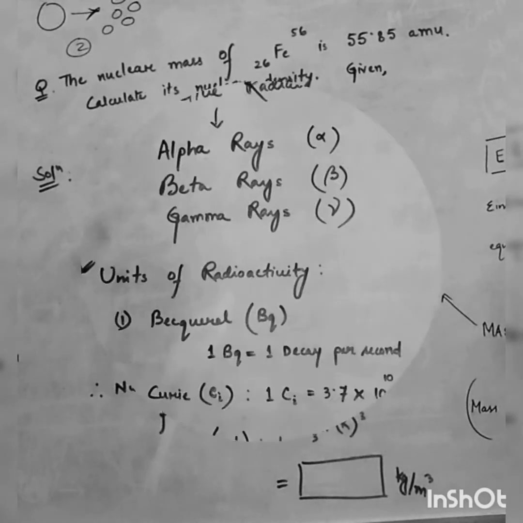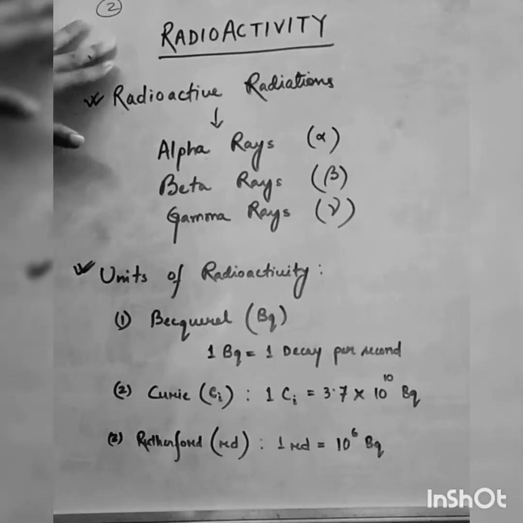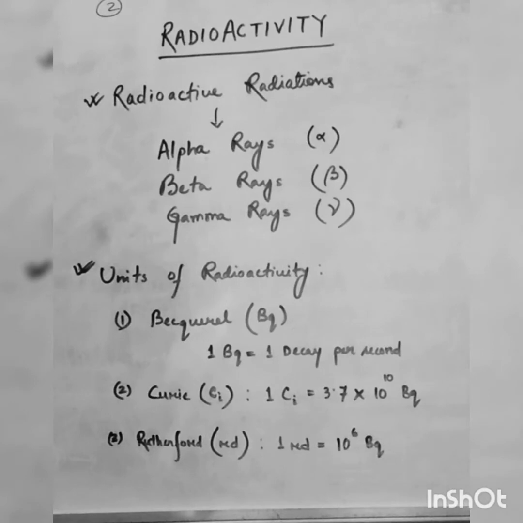The next chapter is radioactivity. The substances which spontaneously emit penetrating radiations are called radioactive substances. For example, all those naturally occurring elements which have an atomic number greater than 82 show radioactivity. For example, uranium, polonium, radium, thorium, etc. This phenomenon of spontaneous emission of radiation by radioactive substances is what is known as radioactivity.